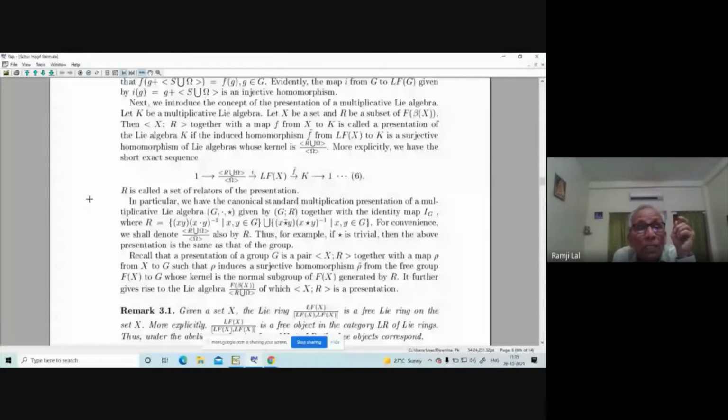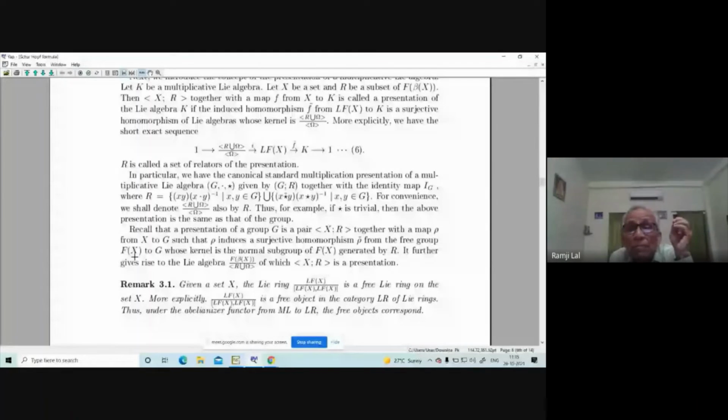So R is called, as usual in the case of groups, a set of relators, and you see the set of relators has to be added with the trivial relators Ω defining multiplicative Lie algebras, so to say, to make it the ideal generated in L(F(X)). So this is this. In particular, we have a canonical standard multiplicative presentation of this Lie algebra.